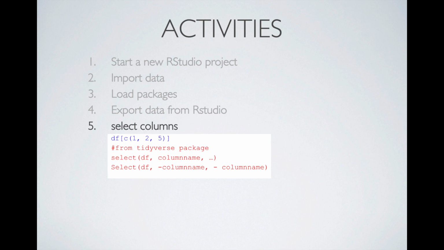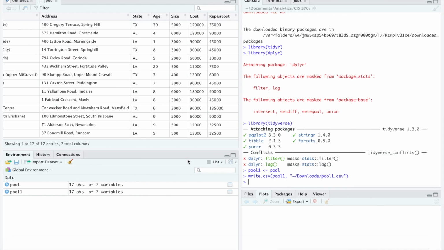Or from the tidyverse package, you can use the select statement for columns. You define the data frame name followed by the actual column names. So let's go to our RStudio to do that.